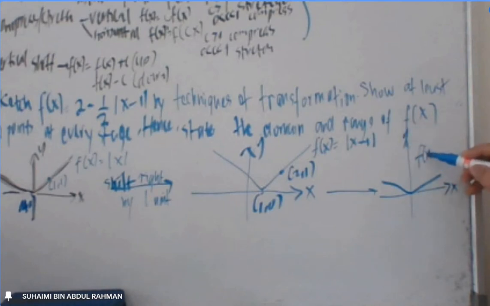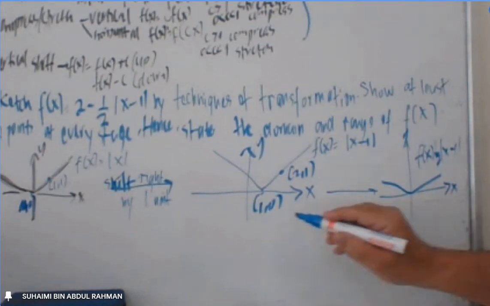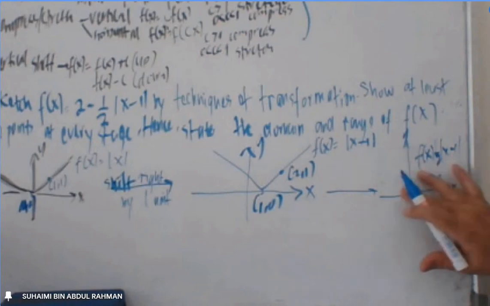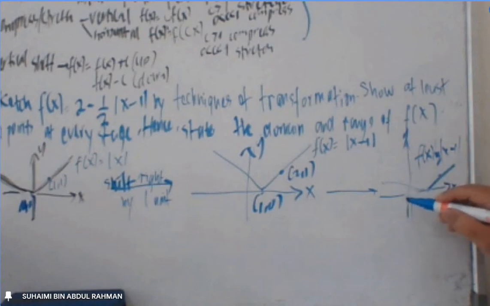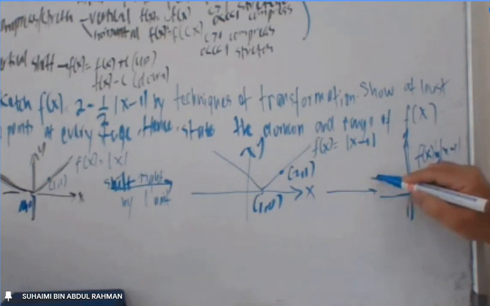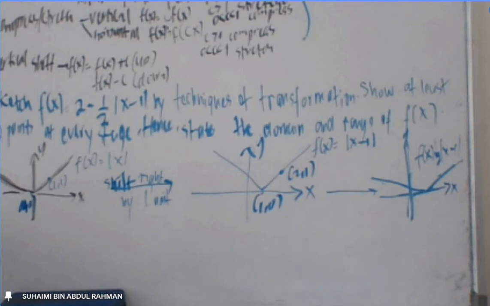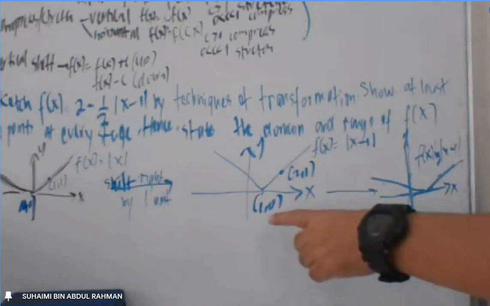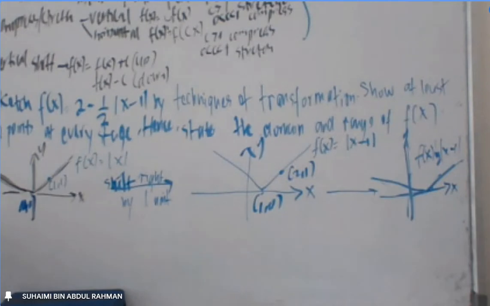So our function is 1 over 2 |x| minus 1. Where will the point (0, 0) go? It stays (0, 0). Why?